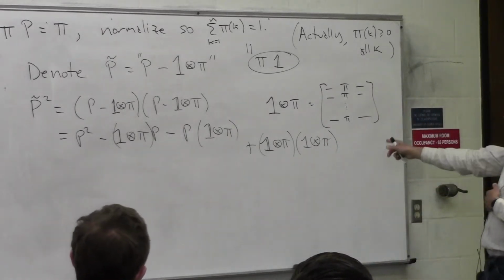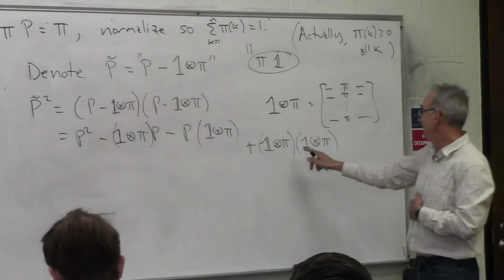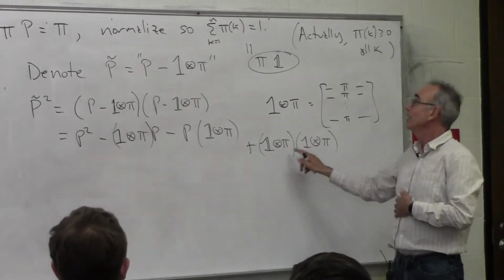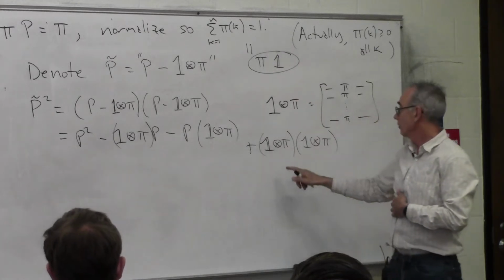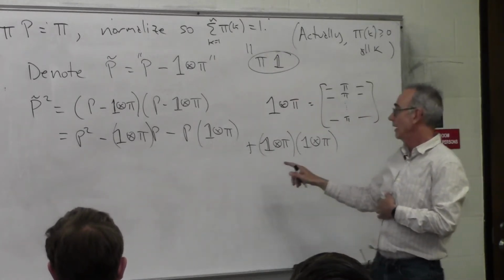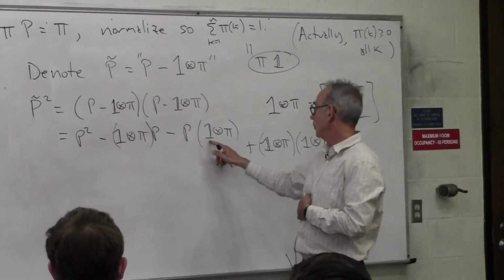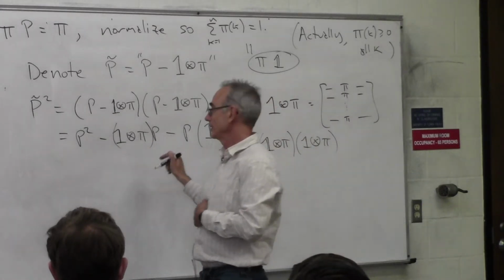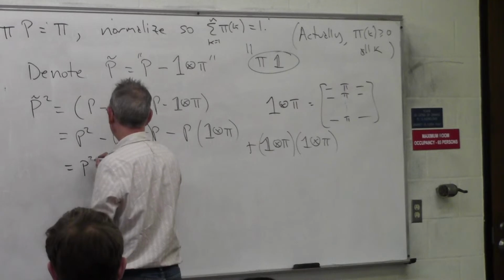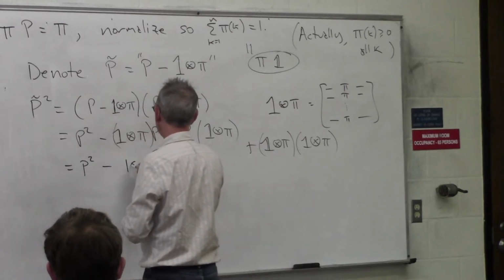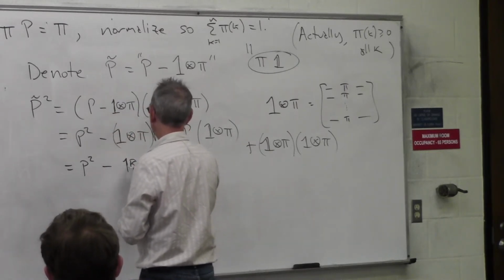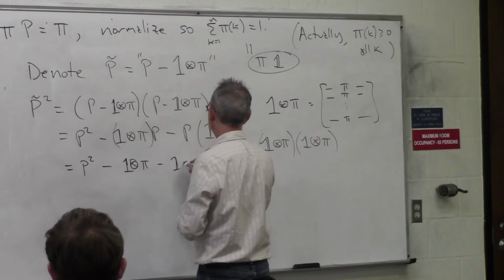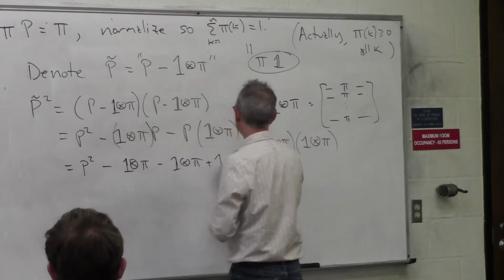And so, have you all worked this out? These guys cancel out because I've assumed the sum is 1. So I get the 1 cross pi. That's P 1 cross pi. Pi P equals pi. So it's equal to P squared minus 1 cross pi minus 1 cross pi plus 1 cross pi.